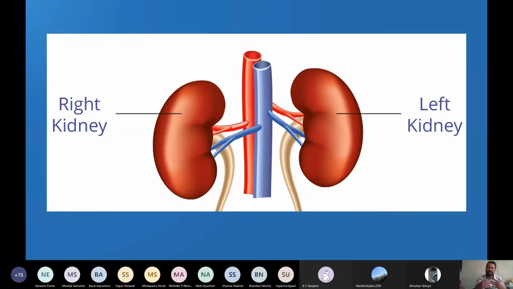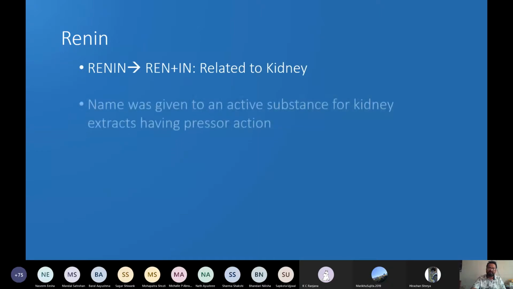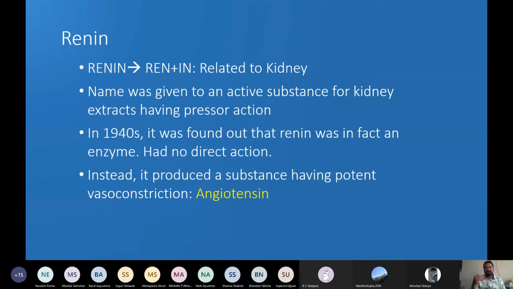So the liquid that the kidney produces is renin. They named it like that, and it was thought that renin is the active substance which will increase the BP, though it was not really understood how. But in the 1940s it was found that renin was in fact an enzyme, so it had no direct action. That isolated renin is basically not an active substance, it's just a catalyst.